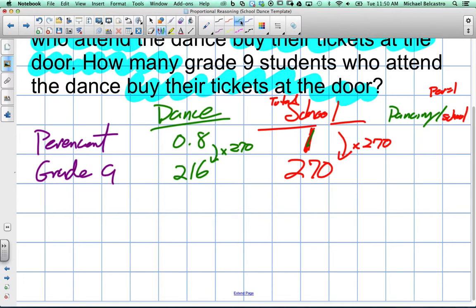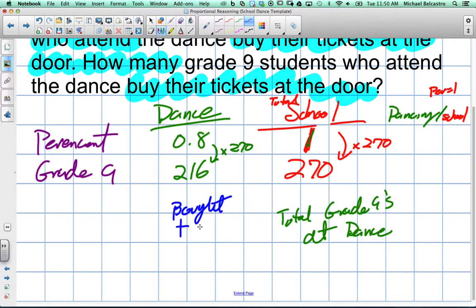Okay, so we have total students at dance. So total, technically grade 9s at dance, and then bought tickets at door.